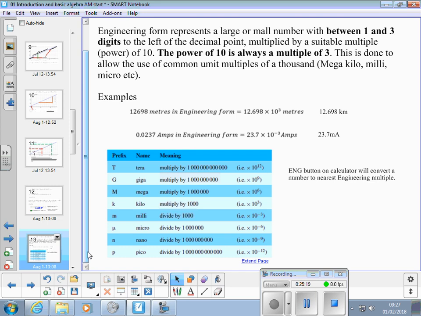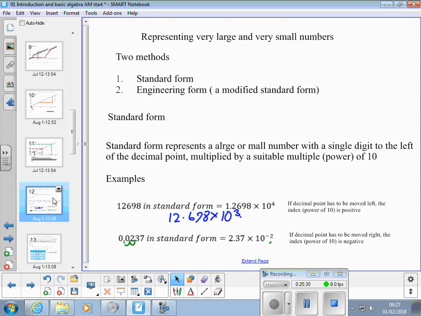So if you got an answer like 2.37 times 10 to the minus 2, pushing that engineering button will take it to the nearest valid engineering form. And if you keep pushing it, you can make it go up or down, in steps of powers of 10 to the 3.